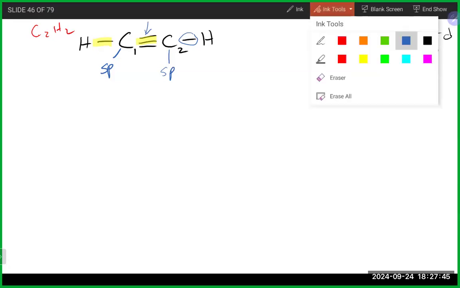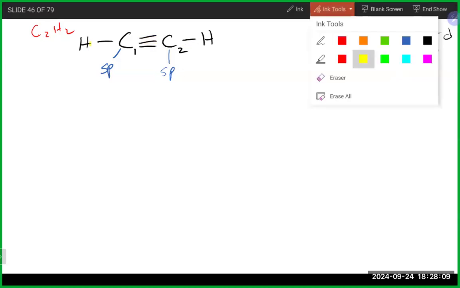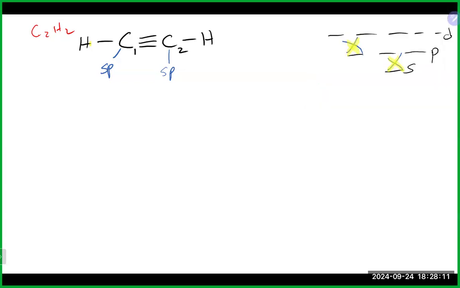So if we take a look at what's going to happen here, if we look at the hybridization, carbon still has its 4 valence electrons. So in this case, we still have carbon 1, for example.